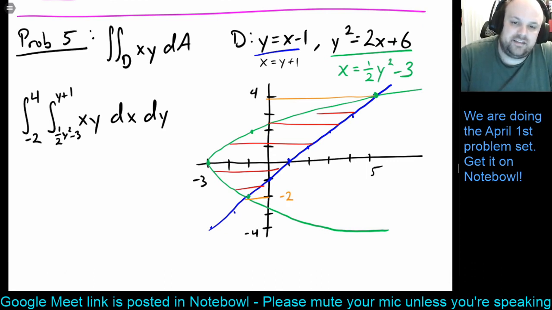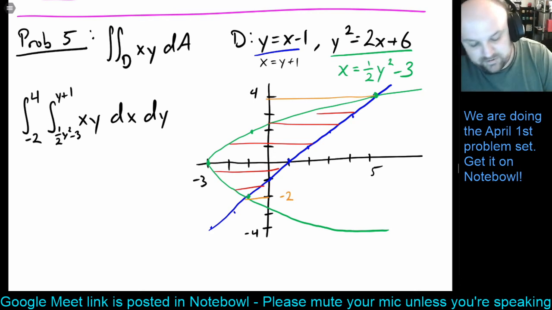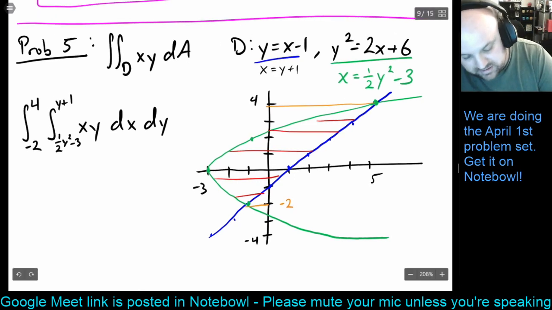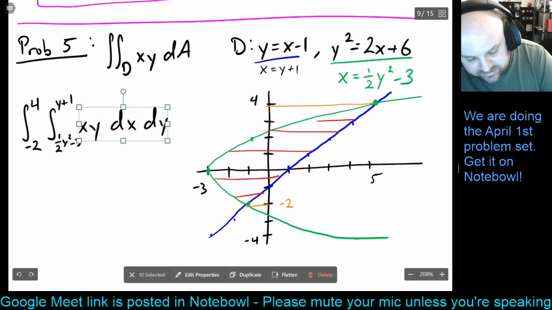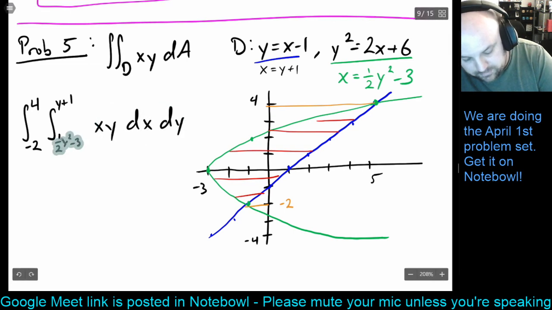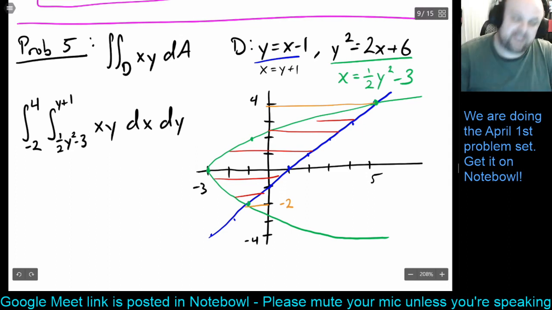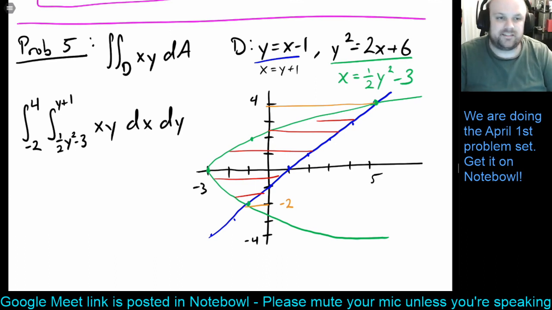So again, the most interesting part of these problems isn't really the computation itself. It's managing to set up the bounds correctly. That's by far the most interesting part of these problems, because that's the part that a computer can't just compute for you.